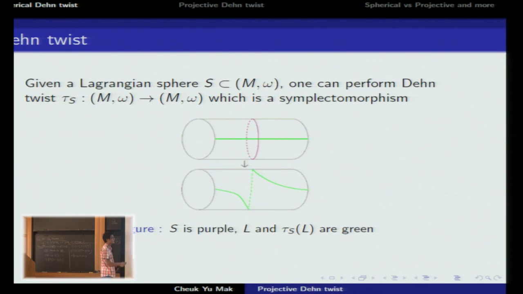This picture illustrates the effect of the Dehn twist. The purple one is the Lagrangian sphere, and the green ones show you the effect of the Dehn twist.